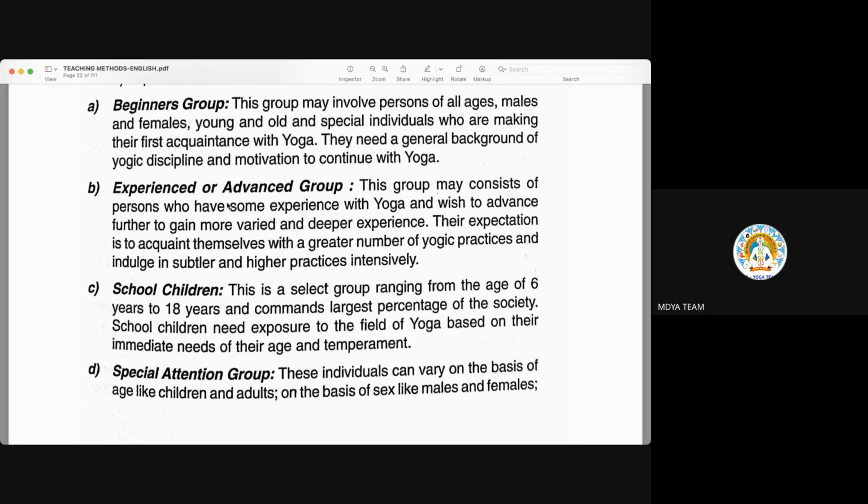Because they do some physical workout, there is a period of physical workout or practices. But yoga makes a difference not only in physical movement, but also in mental growth.